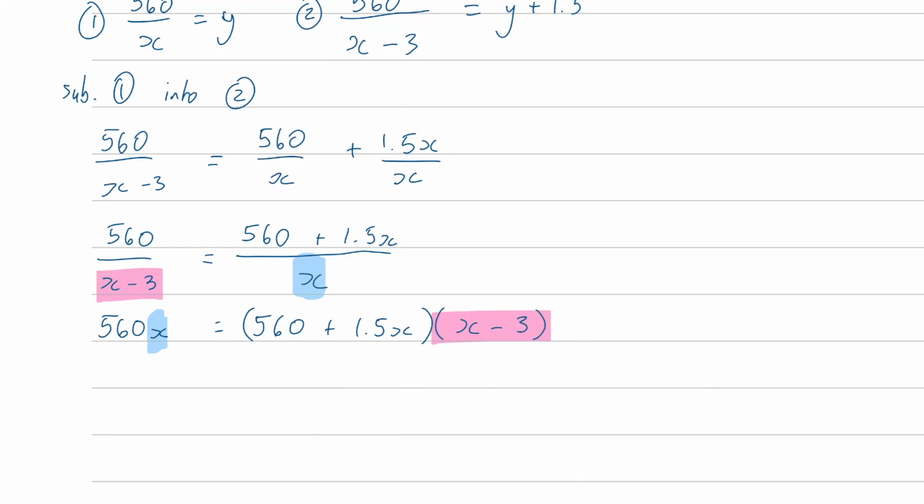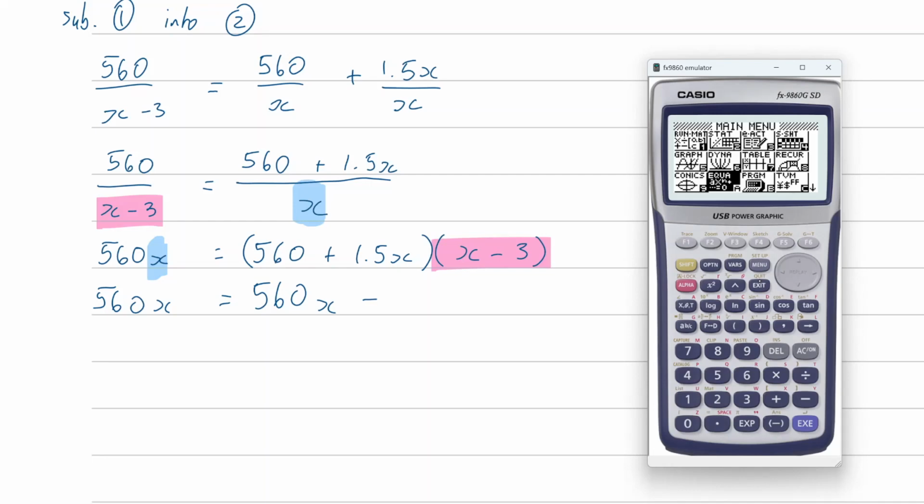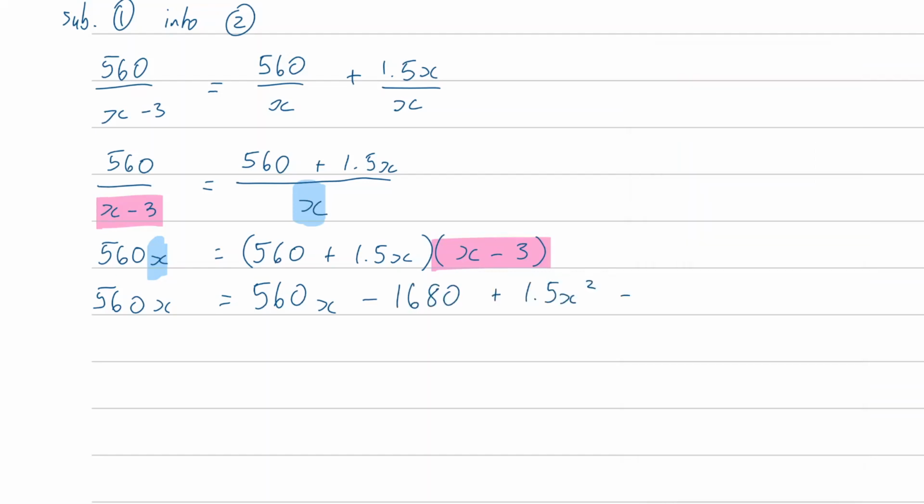Now we can expand, simplify, group like terms. So let's expand the right-hand side. That'll be 560x minus, let me run maths, 560 times negative 3, 1680, plus 1.5x squared minus 4.5x.